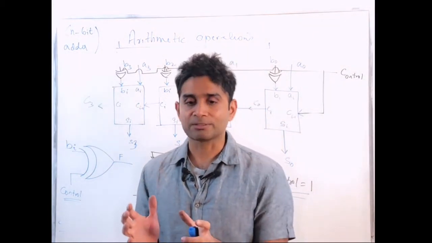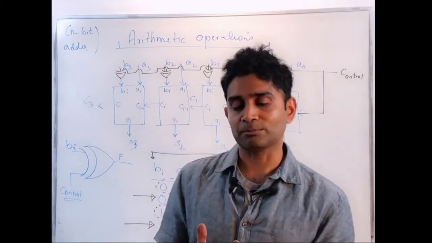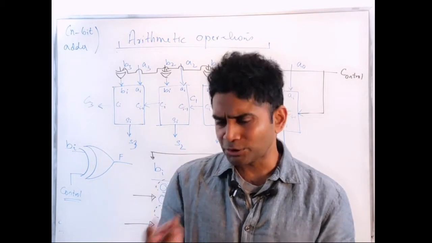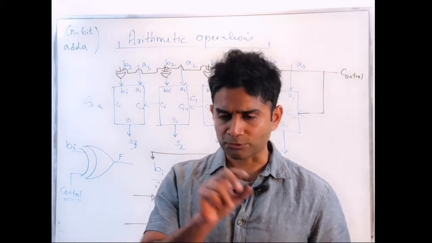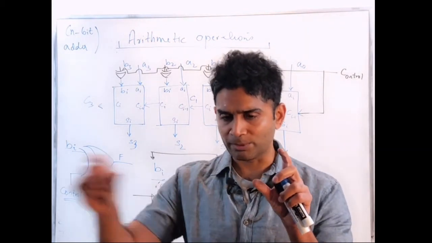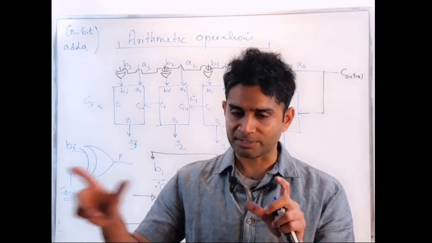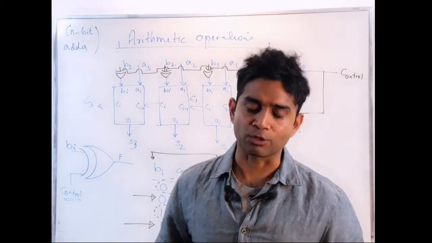I need 2 control inputs. So 0,0 would be one operation, 0,1 another operation, 1,0 another, and 1,1 another.